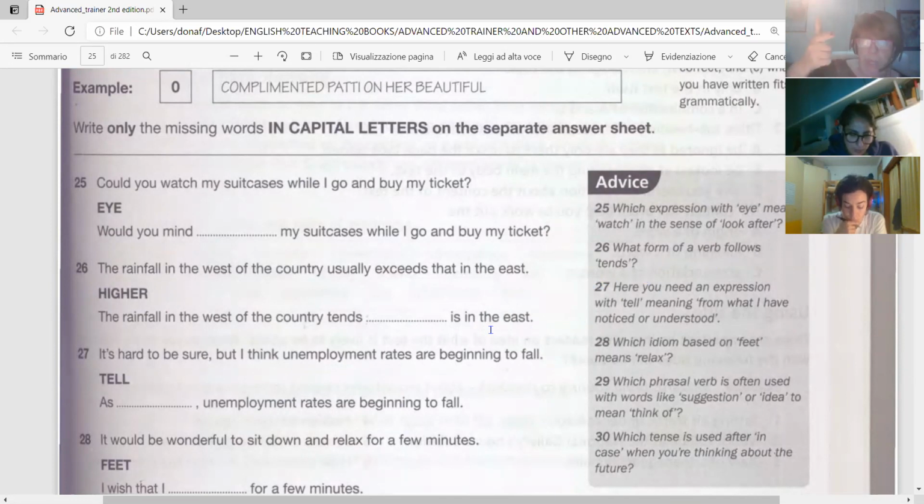To be higher. What kind of expression do we have here? I think it's a comparison. Then... than it is. Okay, so that's 5 words. Perfect. To be higher than it is in the east. Perfect.